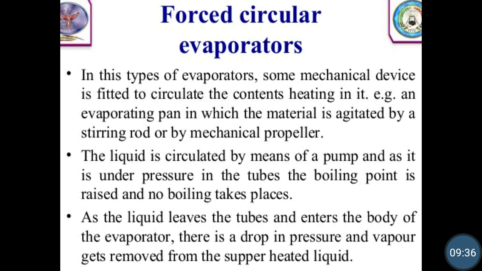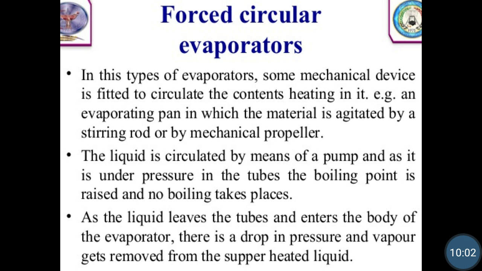So in these types of evaporators, some mechanical device is fitted to circulate the contents being heated. For example, an evaporating pan in which the material is agitated by a stirring rod or by a mechanical propeller, and the liquid is circulated by means of a pump. As it is under pressure in the tubes, the boiling point is raised and no boiling takes place.